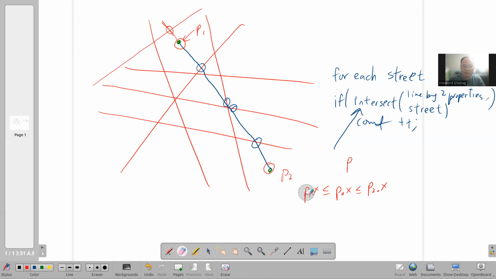I don't know which is bigger, so I'll say min of P1.x and P2.x is less than or equal to P.x, and less than or equal to the max of them. And of course the same thing for Y.